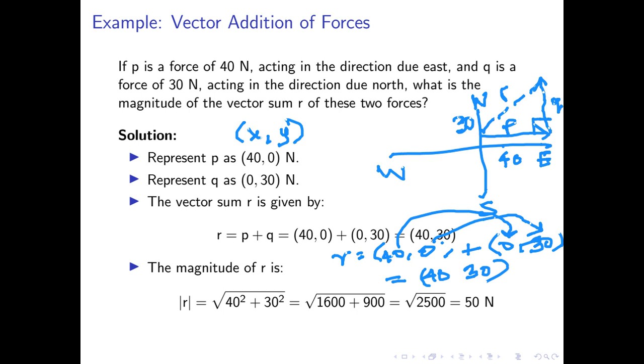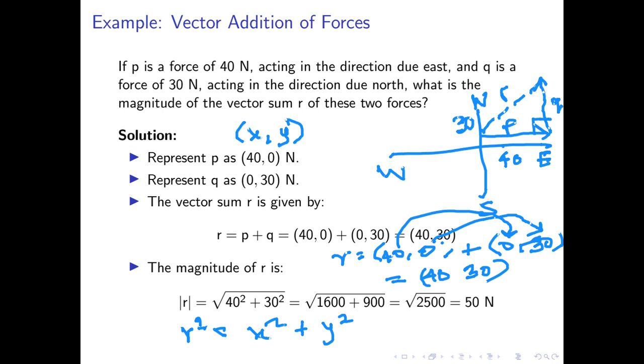But then, what is the magnitude? Remember, magnitude implies the length of that vector. So what is the length of vector R? To obtain the length of vector R is where we use the Pythagoras theorem. Don't forget your Pythagoras theorem is R squared equals x squared plus y squared. In this case, our x is 40, while our y is 30.